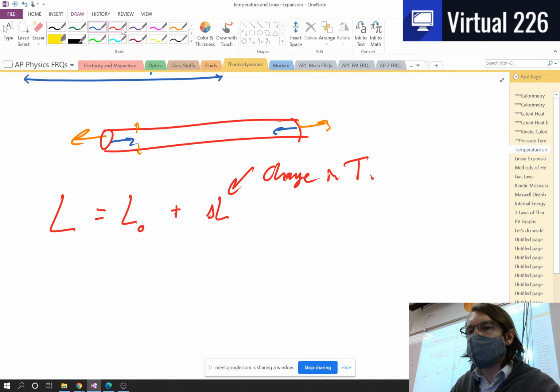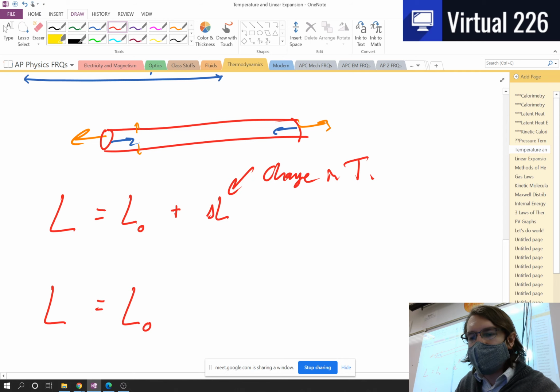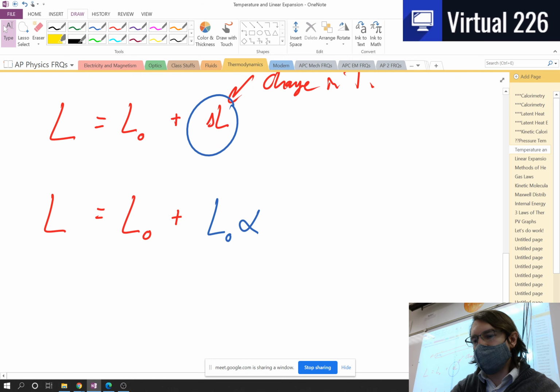So the way we can rewrite this equation is saying that L, the new length of the rod at some new temperature, equals the original length plus some expansion amount. And the way we get that expansion amount is that delta L here. That delta L is actually equal to the original length of the rod multiplied by some alpha term.